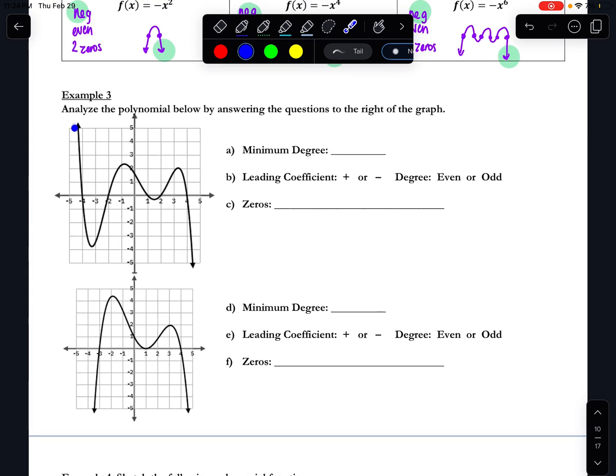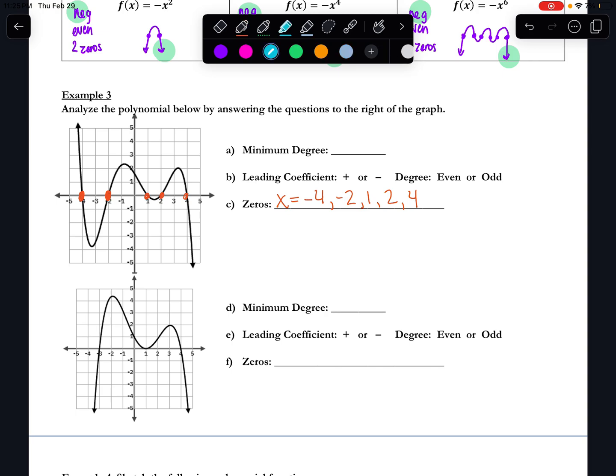So here's a polynomial graph. We see it goes on forever and ever, left and right, and it's nice and fluid in the middle with those peaks and valleys. So we can start analyzing it by first looking at the zeros. It has x-intercepts at -4, -2, 1, 2, and 4. So we can list out the zeros and say the zeros are at -4, -2, 1, 2, and 4.